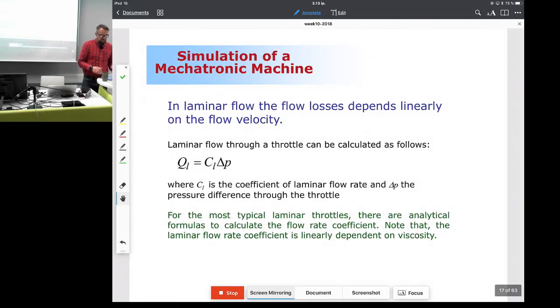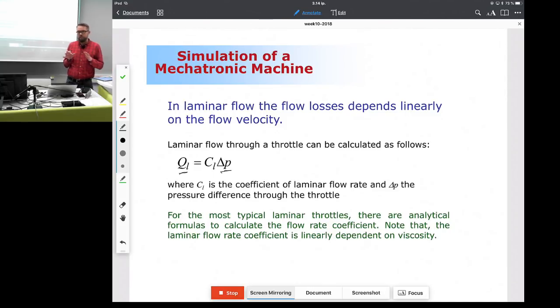So flow types. This is what I pretty much explained to you already. So how is the mathematics in different flow types? In a laminar flow, it's very important to understand that the relationship between the flow rate and the pressure difference is a linear relation.